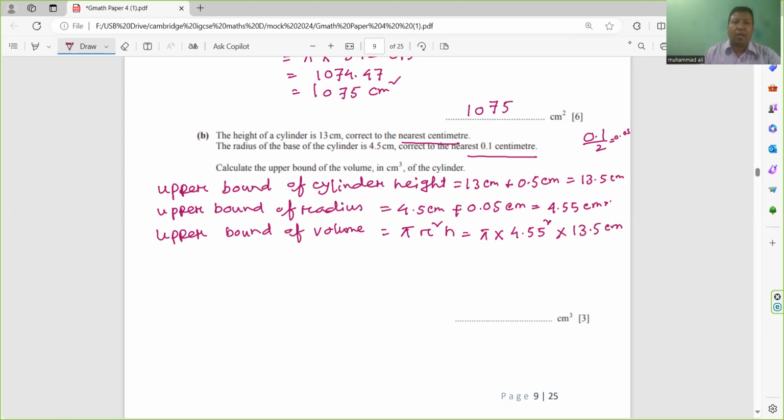One thing you have to remember: in multiplication, if you want the upper bound, all these things you have to take as upper bound. If you want the lower bound, that means radius lower bound you will take, height lower bound you will take. So keep in mind. So it will be 878.02 centimeter cube. So you have to write here 878.02 centimeter cube.